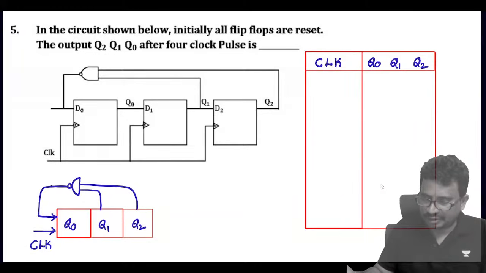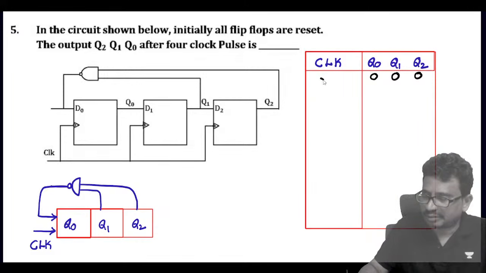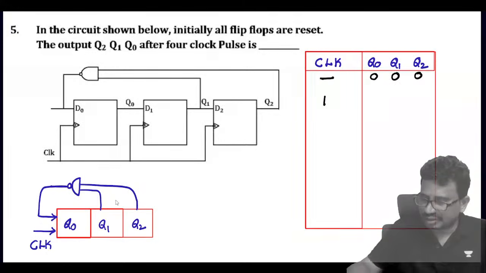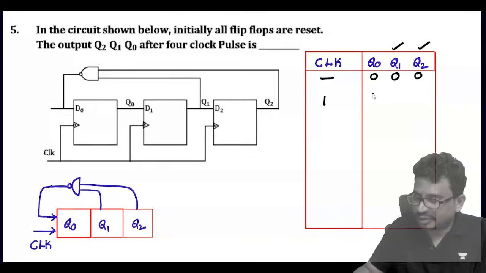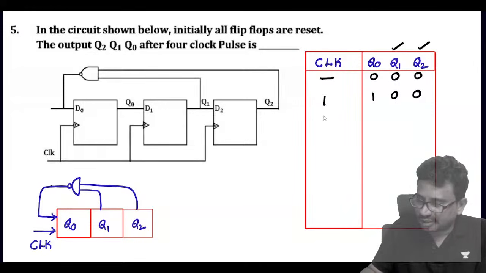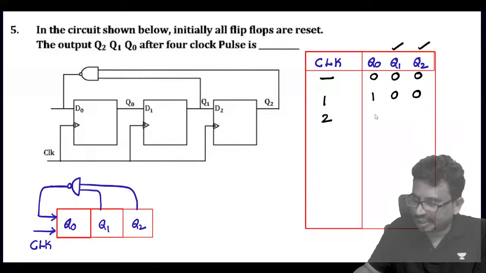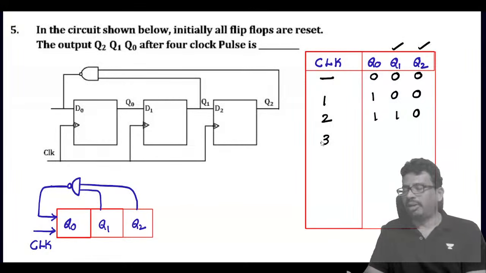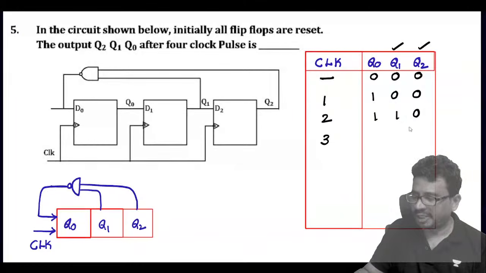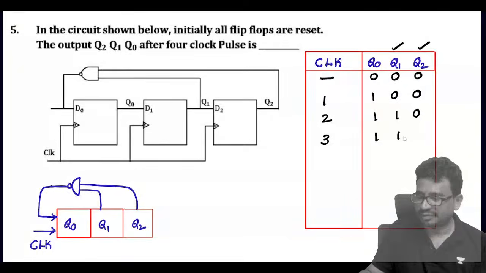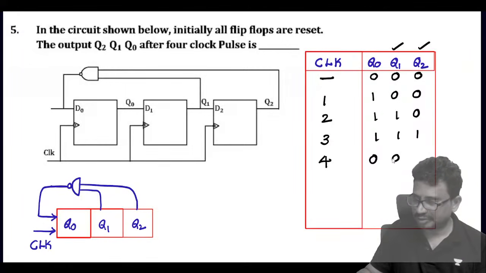Yeah, tell me now, here initially all the flip-flops are 0, 0, 0. When you apply first clock, this is a NAND gate between Q1 and Q2, it will come as 1. 1 will come here. 0, 0. Shifting will take place. Next, second clock, when you apply, NAND gate 1, 1. This is 0. And third clock, when you apply, this is the NAND gate, that is 1, 1, 1. Fourth clock which is 0, 0.